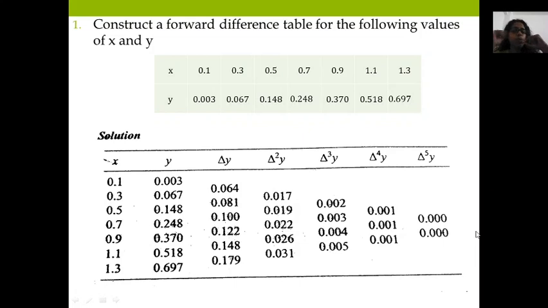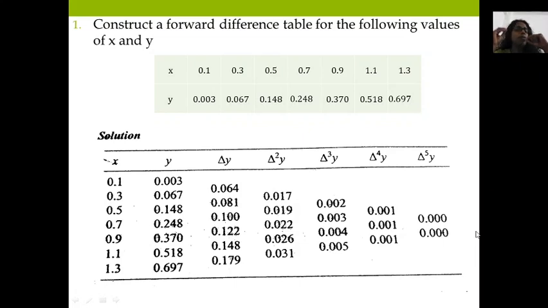So what is our topic of study? Interpolation. What is interpolation? Finding the value of y in between, for any intermediate value of x. For finding such values, we should be very much aware of certain finite difference operators. The first one is the forward difference operator that we had seen.